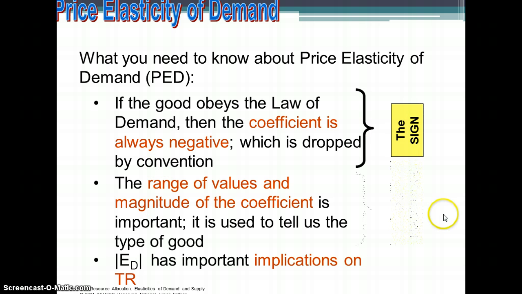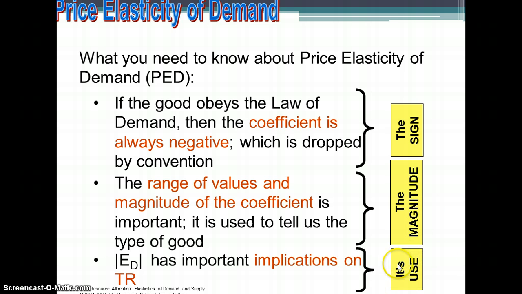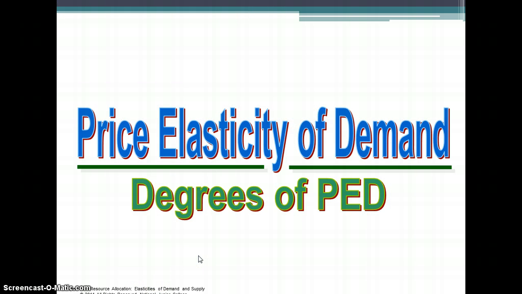So the sign, the magnitude, and its application. In this video, we will be looking at the range of the values, the second video will be looking at how we determine the elasticity of a product, and the third video will be on the implication on total revenue. So let us move on.